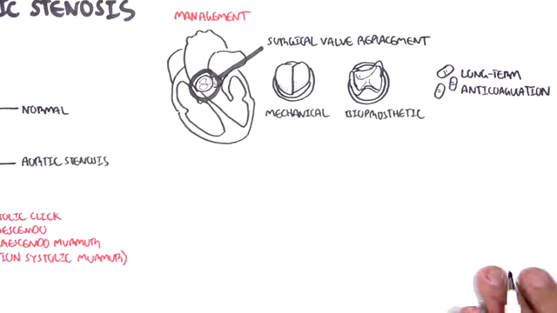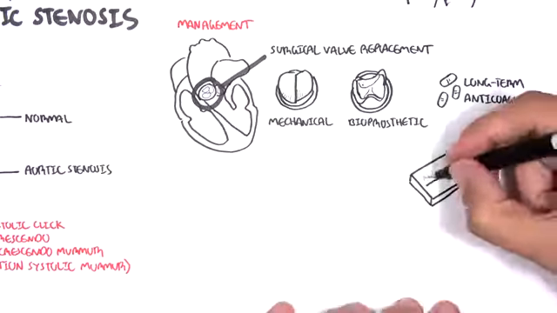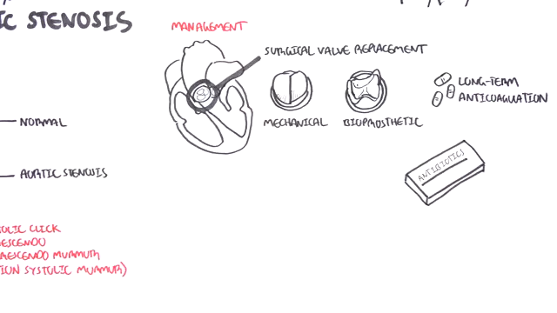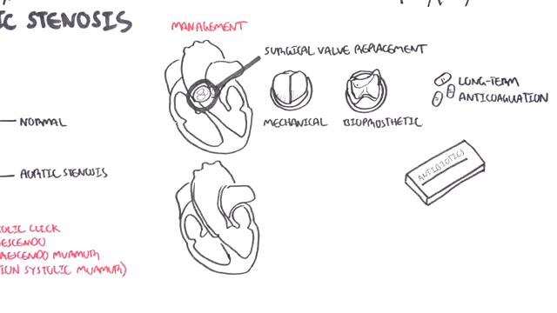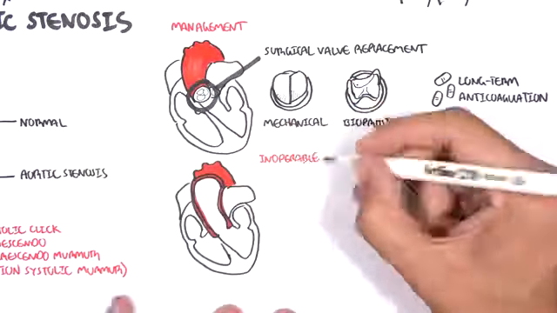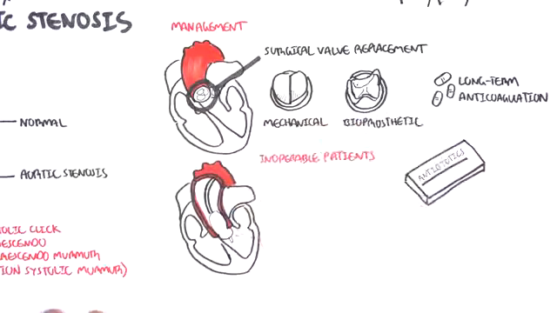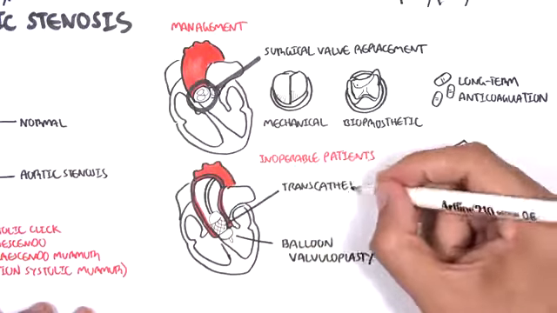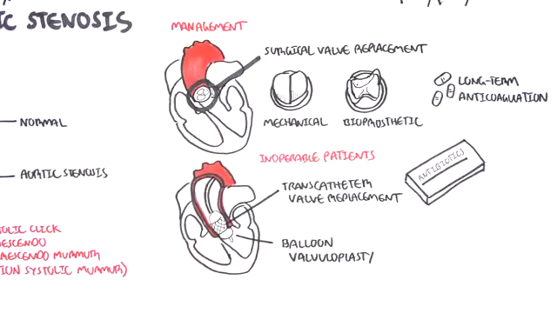Short or long-term anticoagulants and antibiotics may be necessary following surgery for those who are susceptible to infections and complications. For patients unable to undergo a valve replacement, there is balloon valvuloplasty, where the valve's foramen is dilated, and transcatheter valve replacement can also be performed following a balloon valvuloplasty.